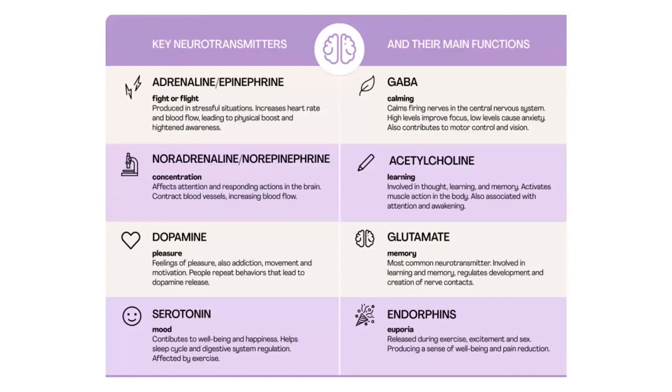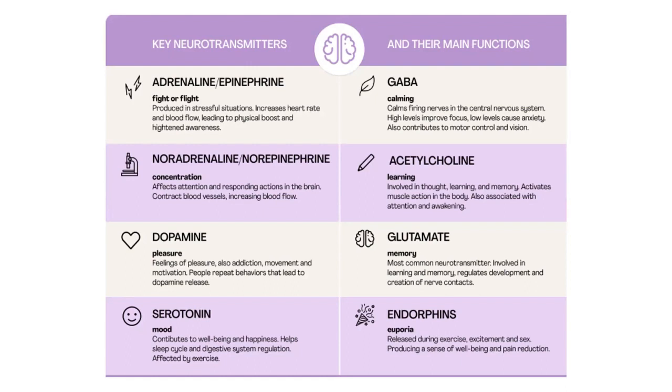Then the key neurotransmitters and their main functions once again, so that you can remember all the functions and all the neurotransmitters. So adrenaline is known as fight or flight. This is very common. I really don't think you need any trick to remember this because you have studied this since you were in class 8th or 9th.